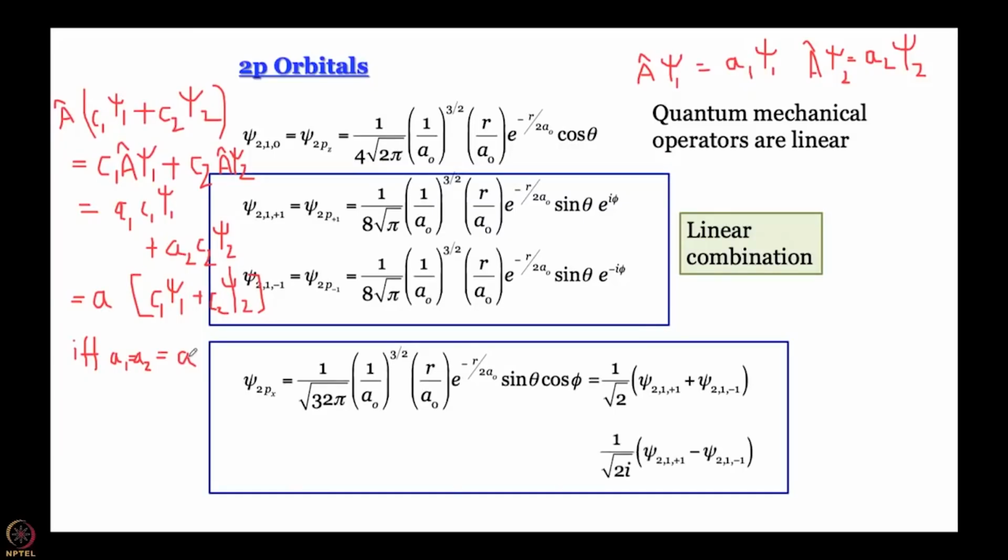Similarly, if we subtract one of these orbitals from the other, in that case we need an i in the denominator, it is not root 2, it is root 2 into i. So, if you have i in the denominator, then we get something like this, sin theta sin phi, and if you remember r sin theta sin phi is nothing but y. So, this is your 2py orbital.